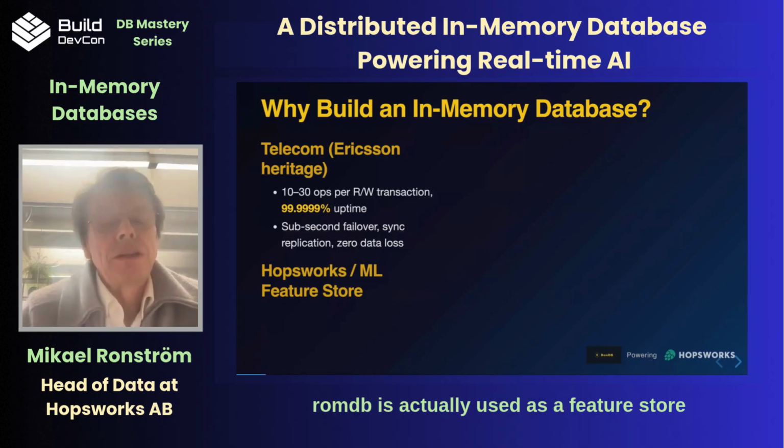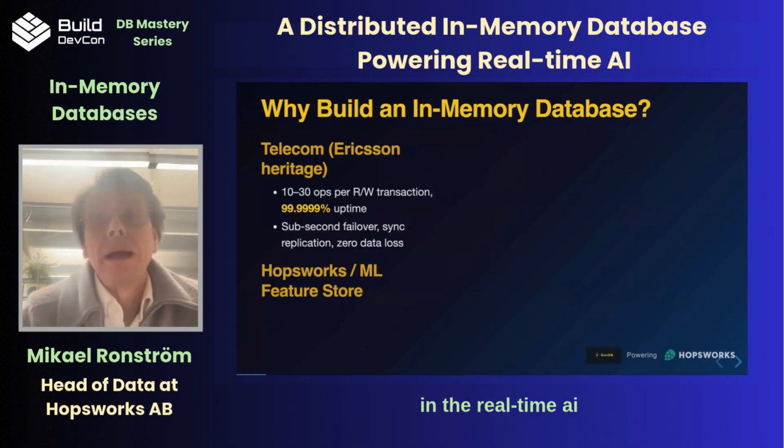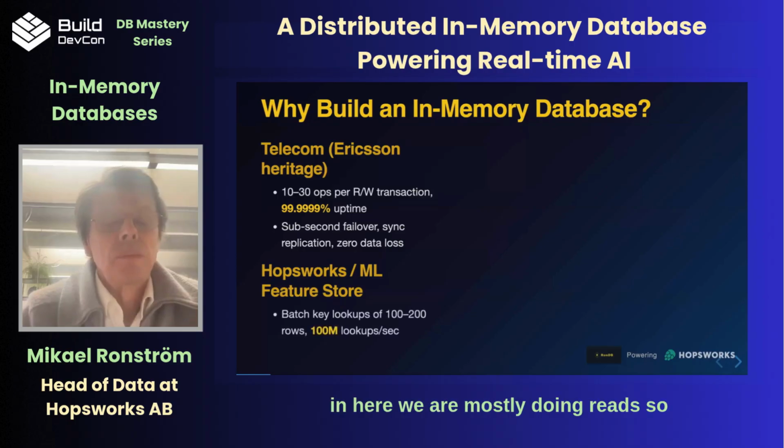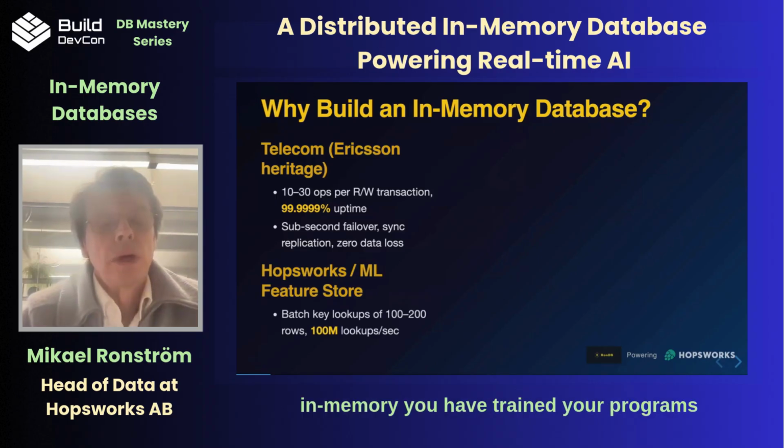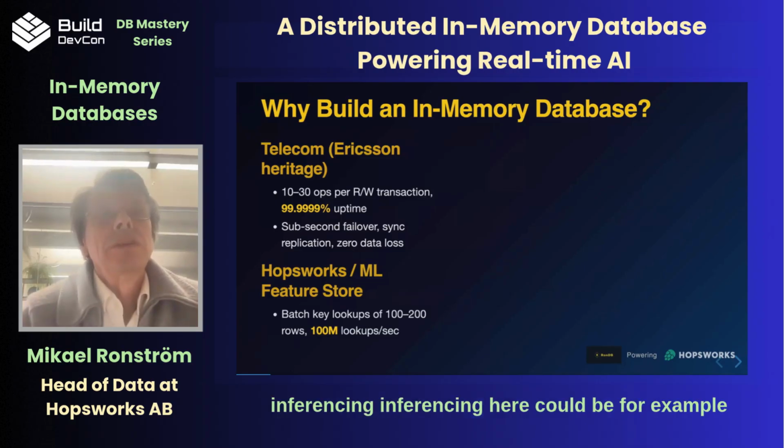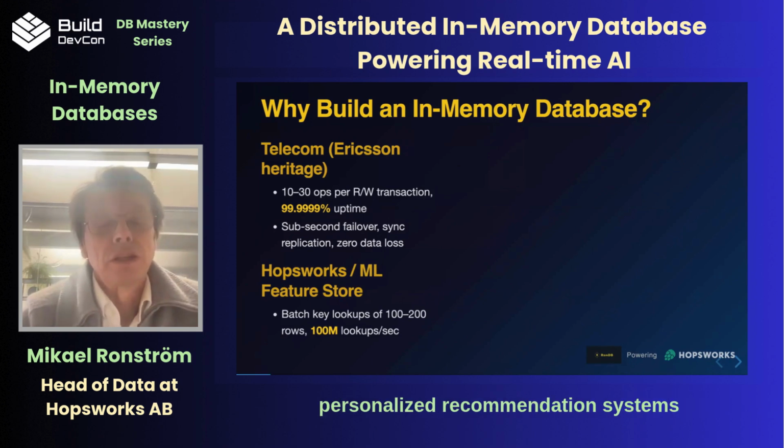Now, RonDB is actually used as a feature store in the real-time AI space. Here we are mostly doing reads. It's the inferencing part of an AI. So you have trained your programs and you're now going to do inferencing. Inferencing here could be, for example, personalized recommendation systems.